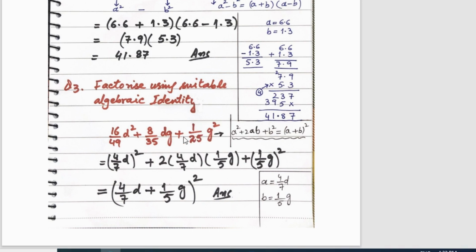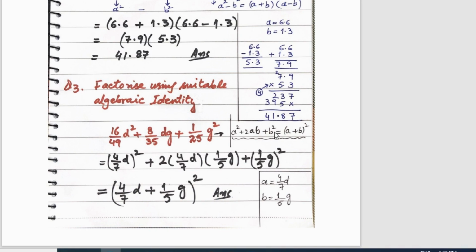So in short, we will write this whole term like this: 1 over 5g whole square. It means this square is working for 1 over 5 as well as for g. So the square is a power of all the terms inside the bracket.